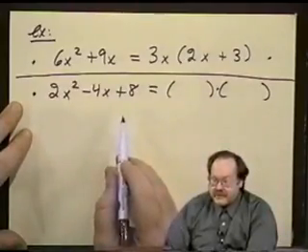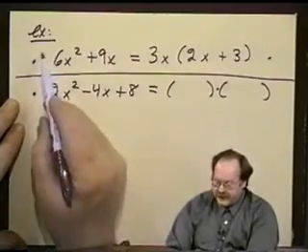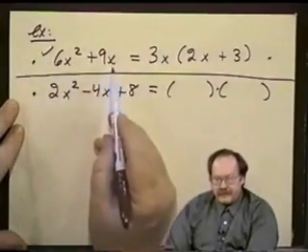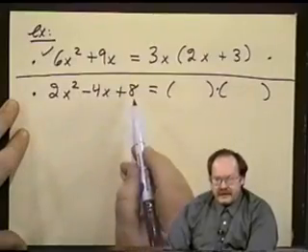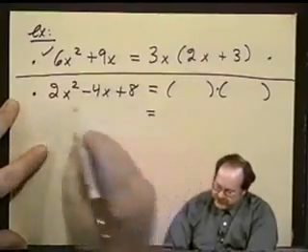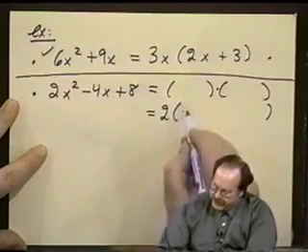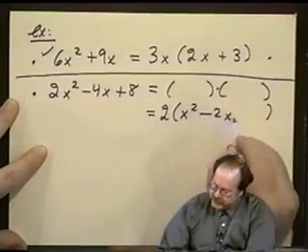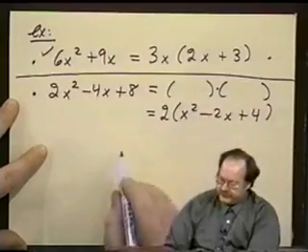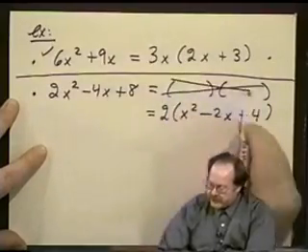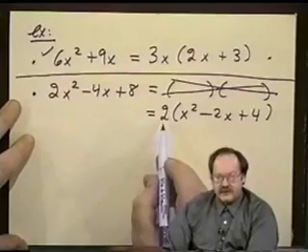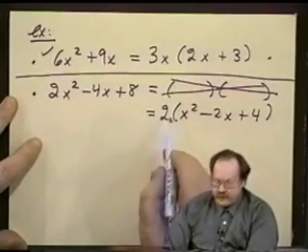But there is something that you missed if you thought of that first. What did I do up here? I looked for common factors first. I should have done that here because I see that 2 is common. So first I pull out 2, and I'm left with x squared minus 2x plus 4. So rather than go to this stage first, I take the easy stage first. I take the 2 out.